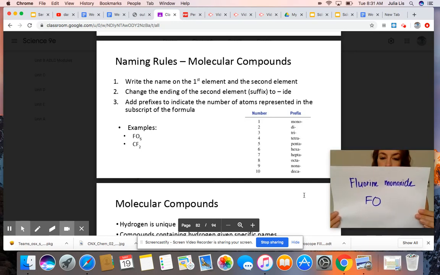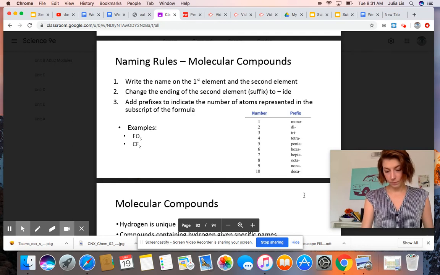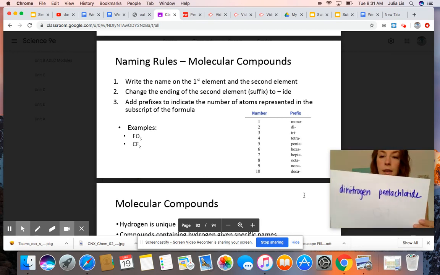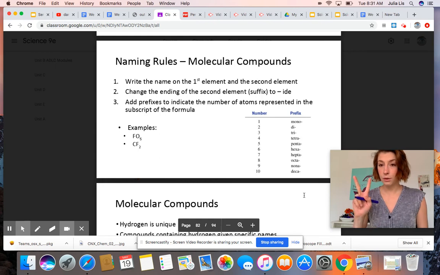One more. Let's do dinitrogen pentachloride. Okay, so the prefix there, di, is 2.